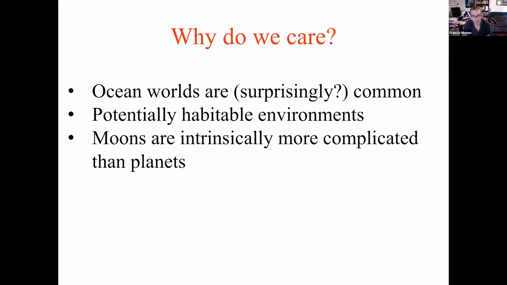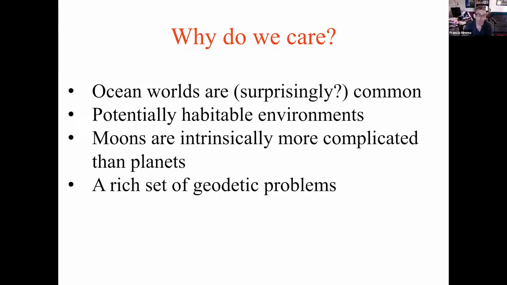So for example, the thermal evolution of a moon is coupled to its orbital evolution, whereas for a planet, thermal and orbital evolution are decoupled. And then, as I hope to show, these ocean worlds present a very rich set of geodetic problems that we've only just started to address.